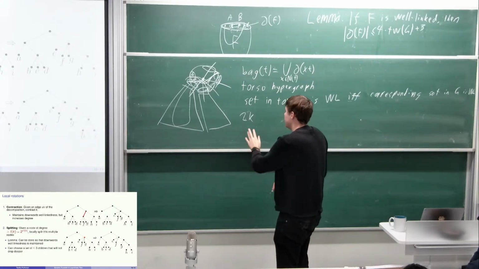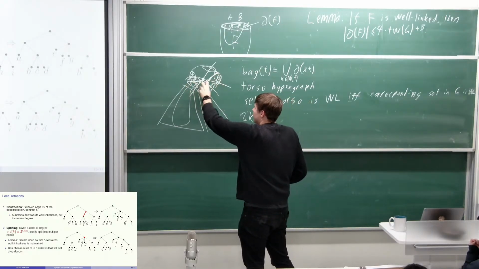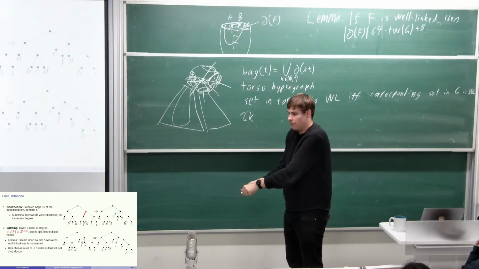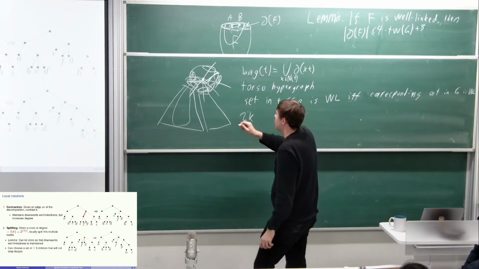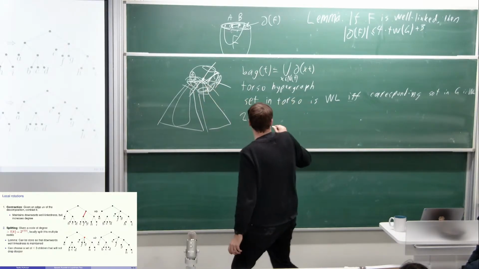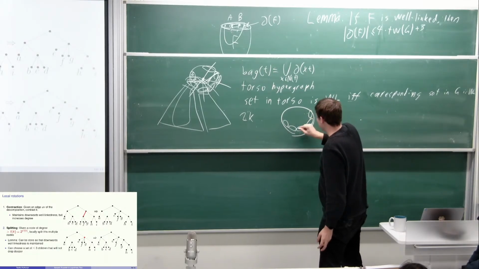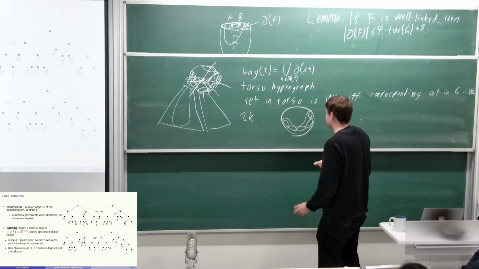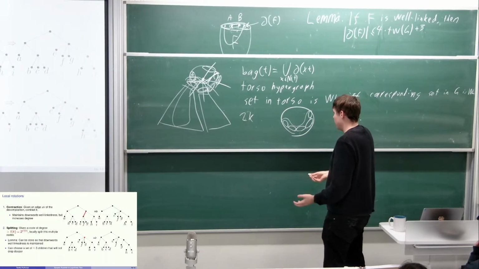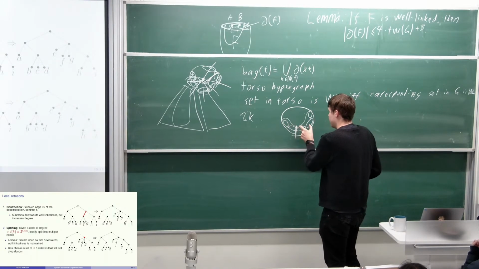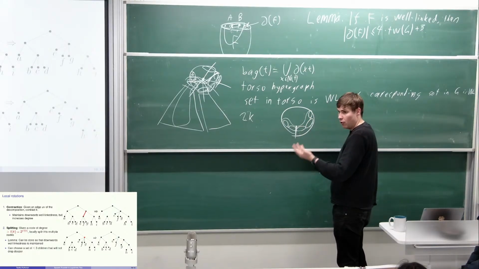And now you want to say, if I have a set of hyperedges that is large enough and has small boundary, then inside I can always find a set of hyperedges that is well linked. And how this works is, okay, let's draw it again to be more clear. If I have this set of hyperedges, it has some boundary, but it's not well linked, then I can partition it into 2 sets that have a smaller boundary.